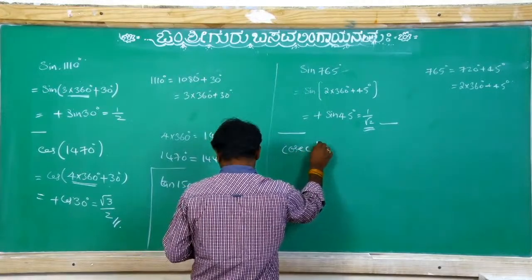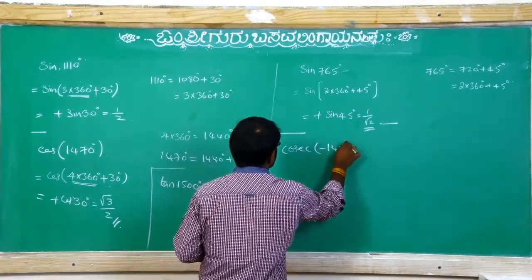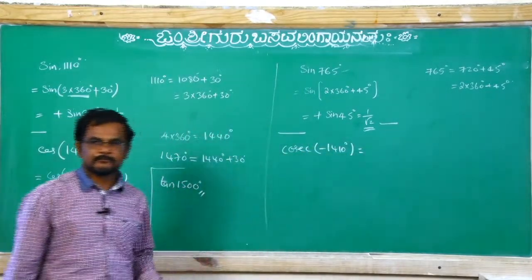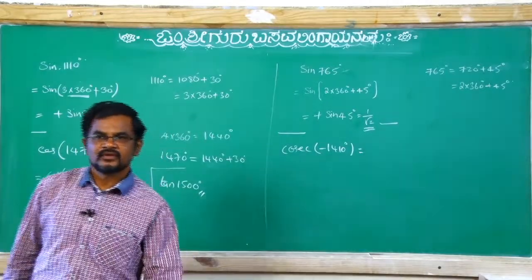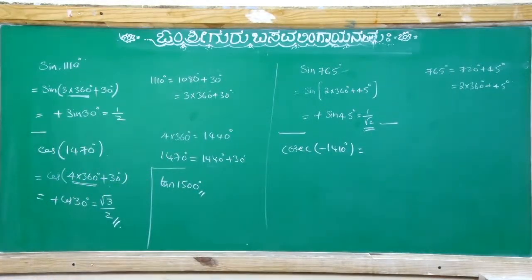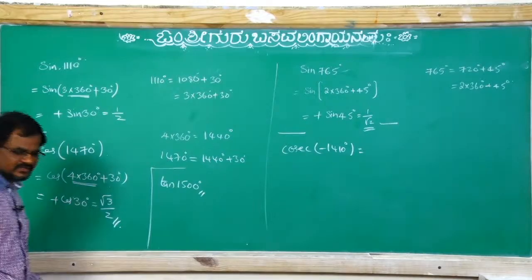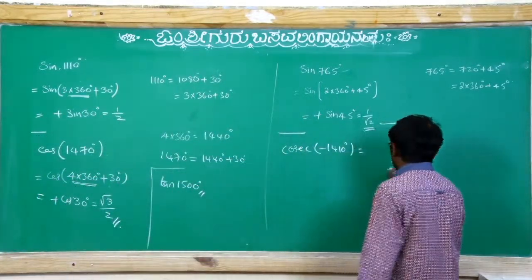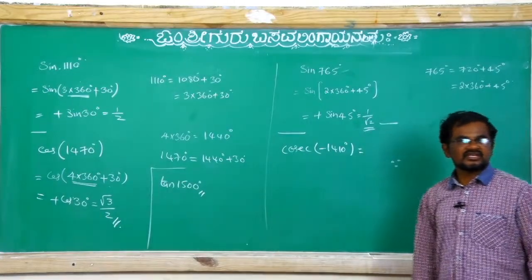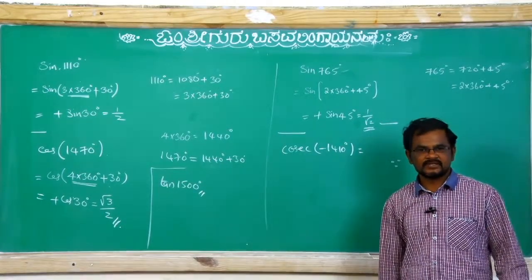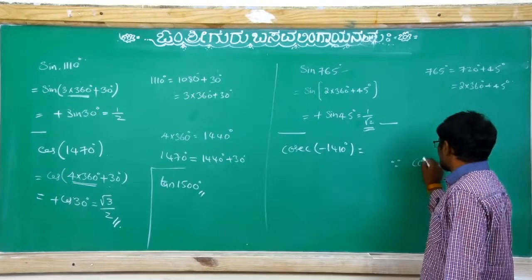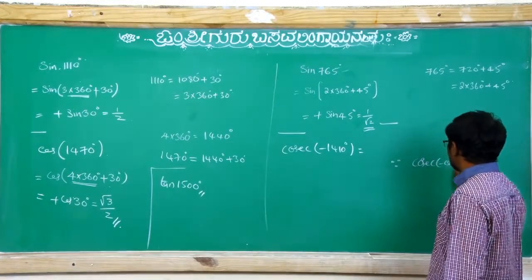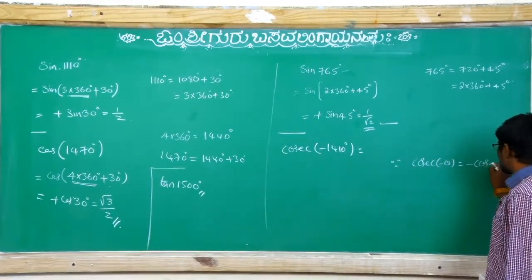Cosecant minus 1410 degrees. Do this. Since we have the formula for trigonometric ratios of minus theta, negative angle: cosecant of minus theta equal to minus cosecant theta.